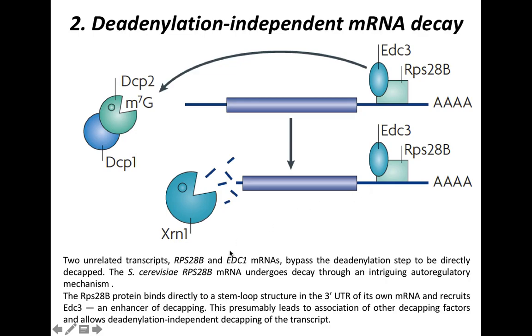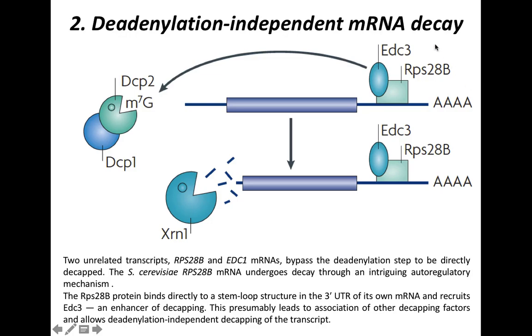We also have another identical example from Saccharomyces cerevisiae for EDC1 mRNA. That's also an enhancer of decapping enzyme, so this is the mRNA of the enzyme itself. It also works in the same fashion. Both RPS28B and EDC1 mRNAs have the ability to get directly decapped without de-adenylation.